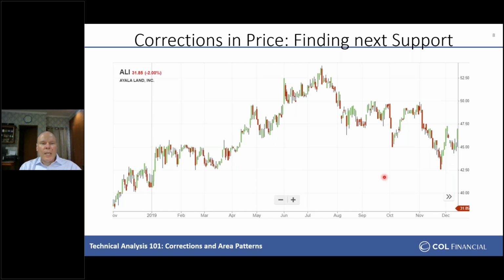So let's have a look at this Ayala Land chart here. You can clearly see that this was an upward move, eventually turning a little sideways, and then eventually turning downwards. So first things first, let's draw our typical trend lines. We have a longer term trend line here, and a shorter term trend line drawn into the first one here. As the first trend line breaks, this is the first sign that support has been violated.